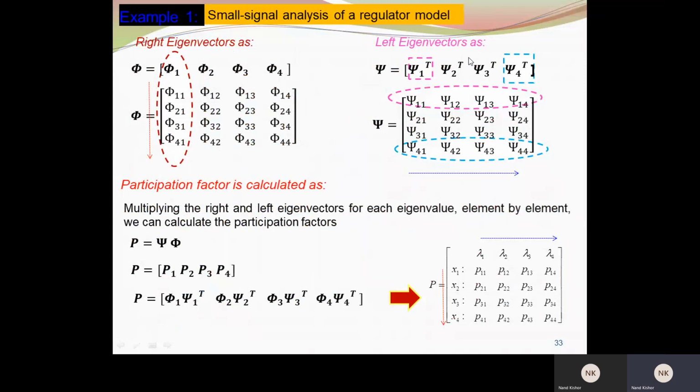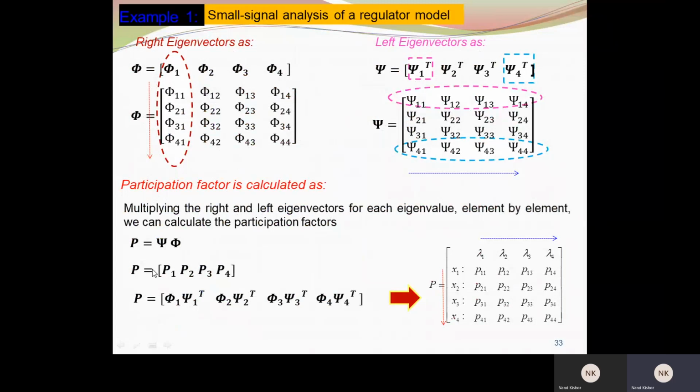Similarly, for the left eigenvectors, we have them represented here, and now we are able to compute the participation factor. To achieve that, we multiply the right and the left eigenvector for each eigenvalue, element by element, to get the complete matrix for the participation factor.